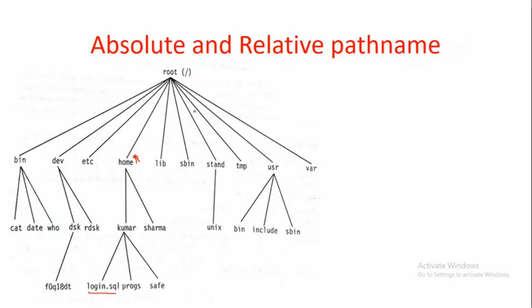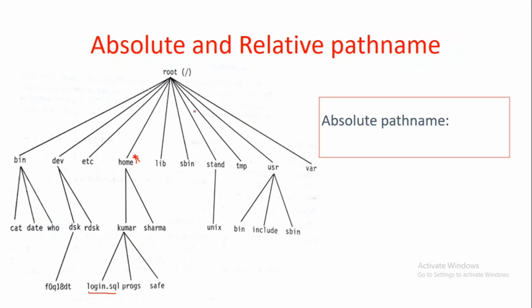Now this can be done in more than one way. The first way is by using an absolute path name. What is an absolute path name? Any path name that is referenced with respect to the root directory is called an absolute path name, and it would look something like this. Now I am executing that command, and the path to login.sql is referenced through the root directory.